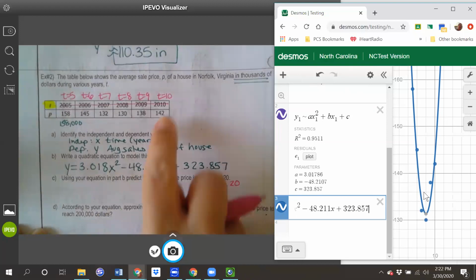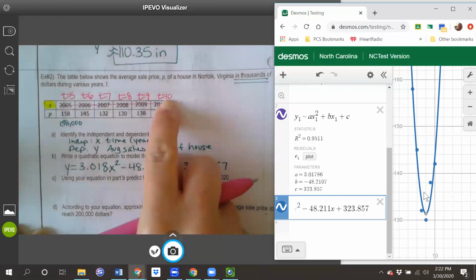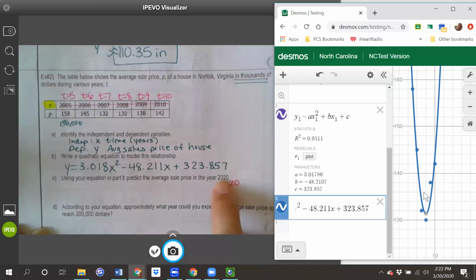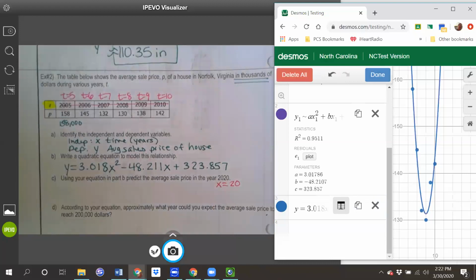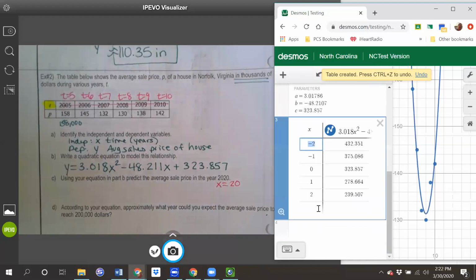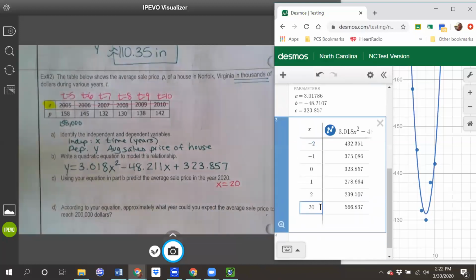If 2010 is a time value of 10, then that means that 2020 is going to be a time value of 20. So I need to look at where X is 20. So let me convert this to a table of values so that I can plug in an X value of 20.